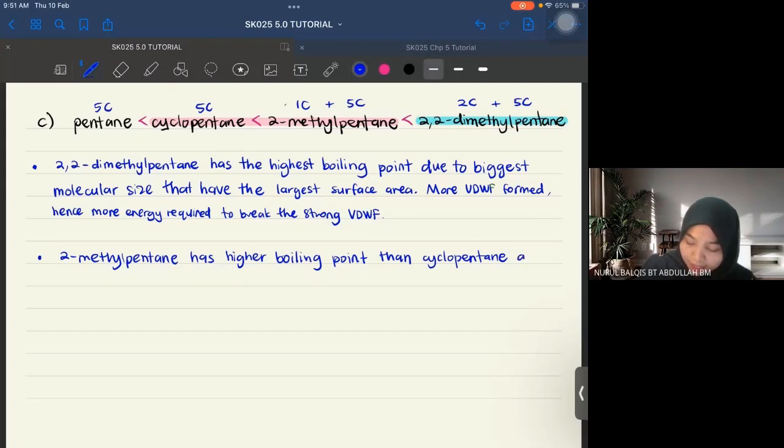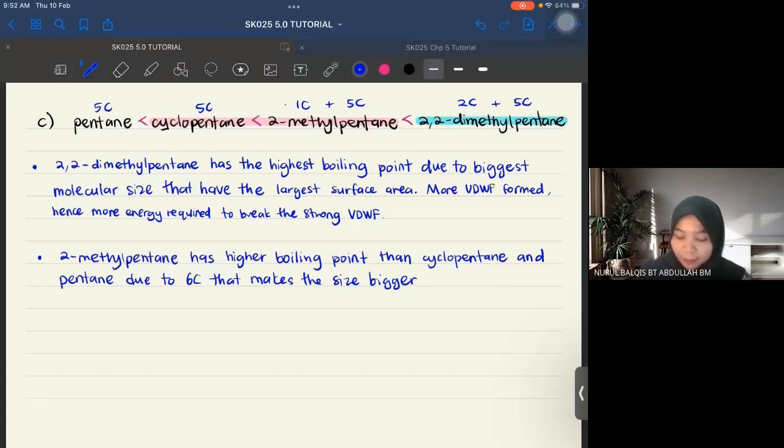Boleh cakap juga due to 6 carbon that makes the size bigger. Cakap je lah. Maksudnya kita bagi tahu yang dia has higher boiling point. Tadi highest, sekarang ni higher. Okay, macam tu. Lepas tu habislah untuk diorang dua.